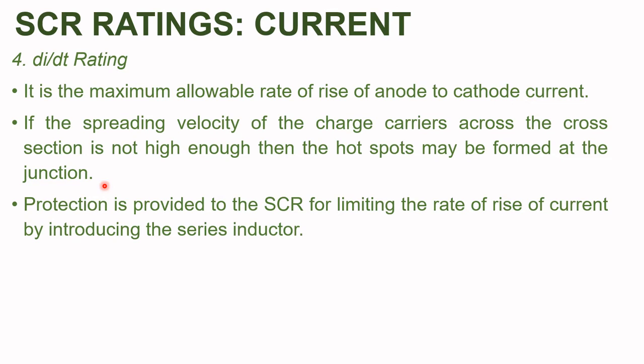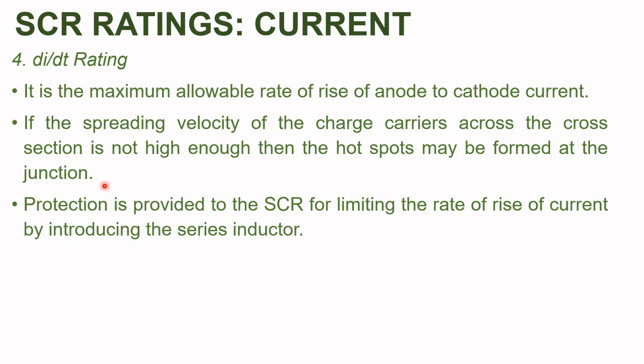If the spreading velocity of charge carriers across the cross section is not high enough, then hotspots may be formed at the junction. We have also seen this part in the dynamic characteristics of SCR.